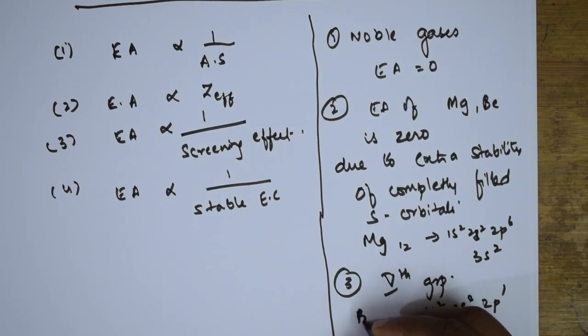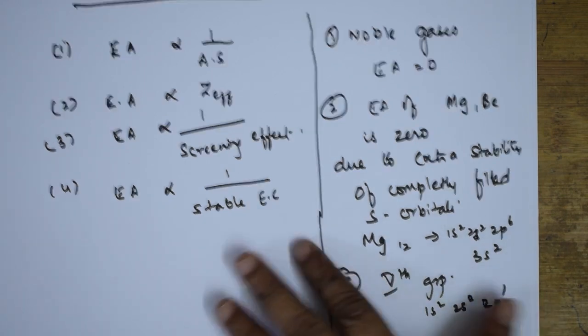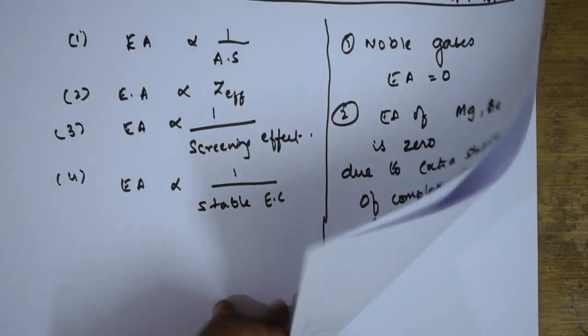So let us write boron 5, 1s2, 2s2, the same thing I have already written. So for the half-filled orbitals of this, the affinity will be very, very less because of the half-filled electrons.